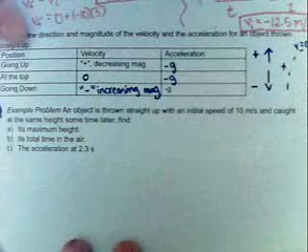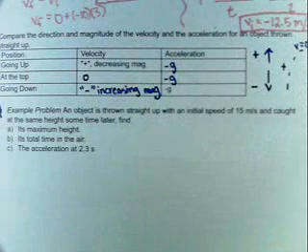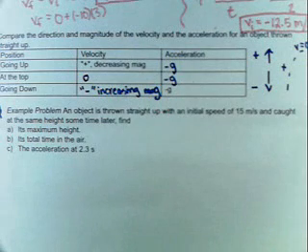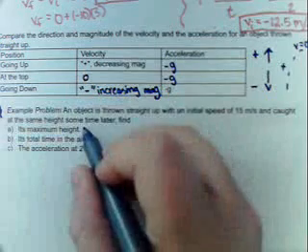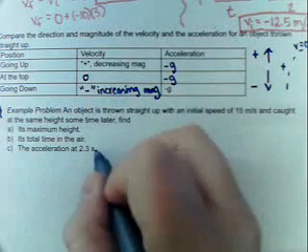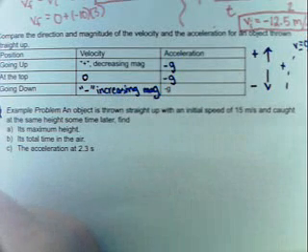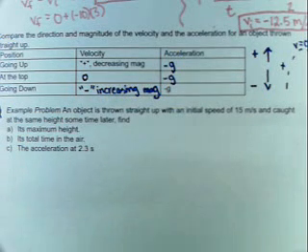Number 10. An object is thrown straight up with an initial speed of 15 meters per second and caught at the same height sometime later. Find its maximum height, its total time in the air, and the acceleration at 2.3 seconds. So I'm going to draw another version of my picture. We have an object.